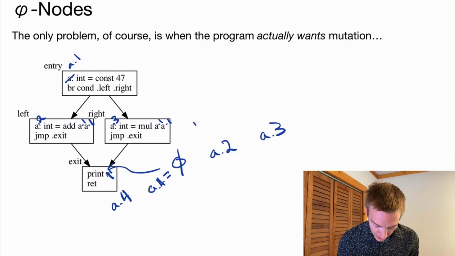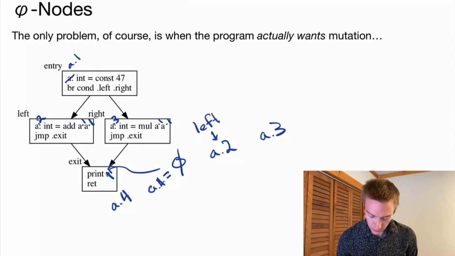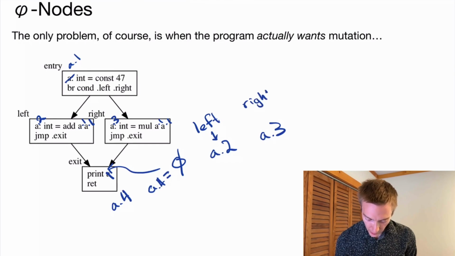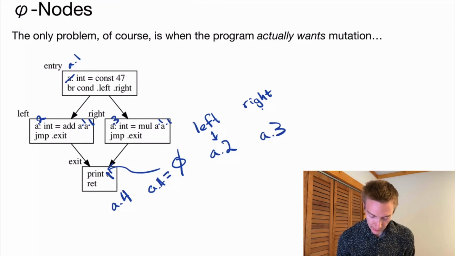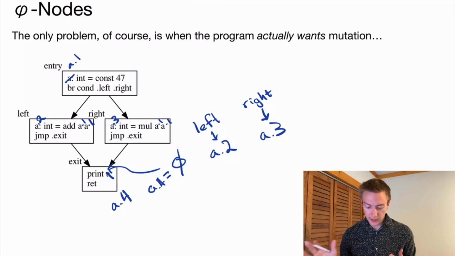That is to say that if we came from left, then use a.2. And if we came from right, the basic block whose topmost label is right, then use a.3. And depending on that choice, assign to a.4.